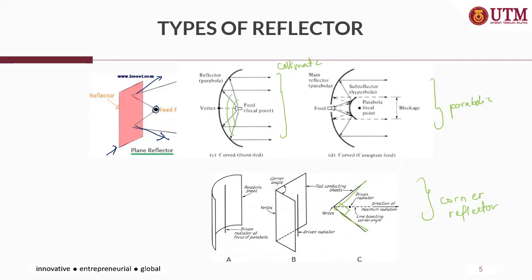So the signal will be traveling from the source in a spherical motion, and it will be reflected back from the surface. Okay, same goes to this configuration, but the directivity is better than the plane reflector, but it's lower than the parabolic type of reflector.